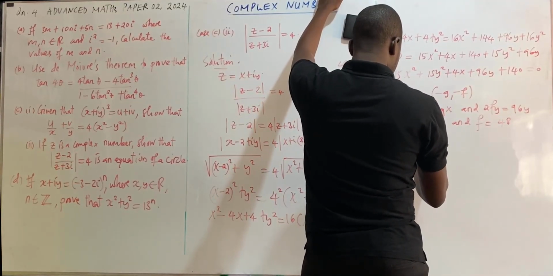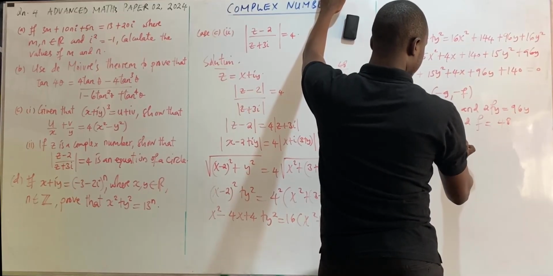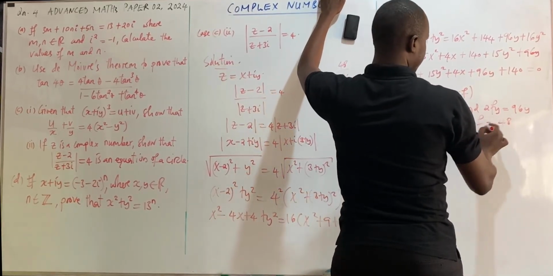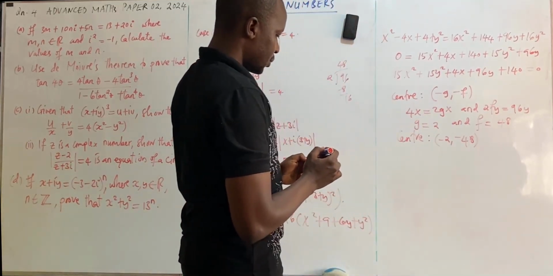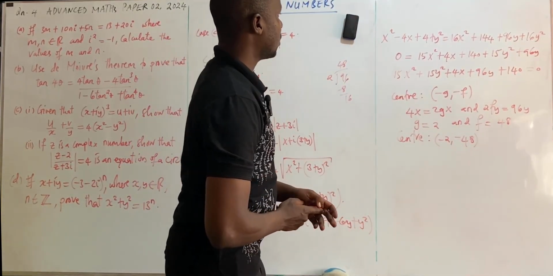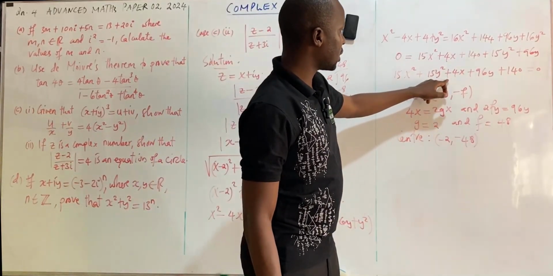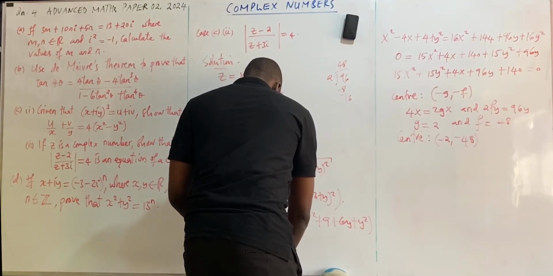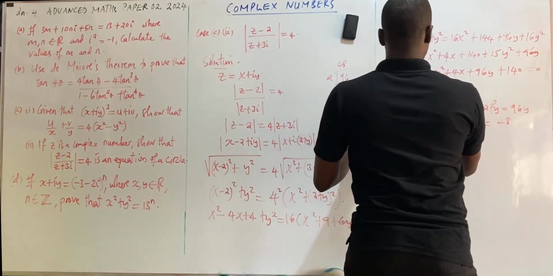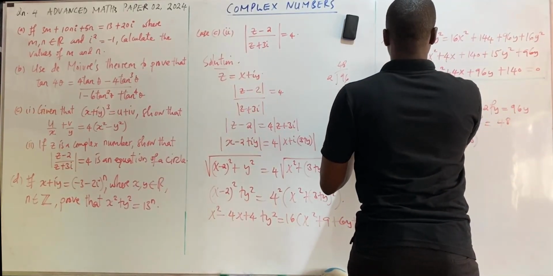So the center of a circle now becomes negative g, it means negative 2, comma, negative f, which will be negative 48. So this will be the center of a circle. So when we speak now, we say this has represented the equation of a circle, this one.